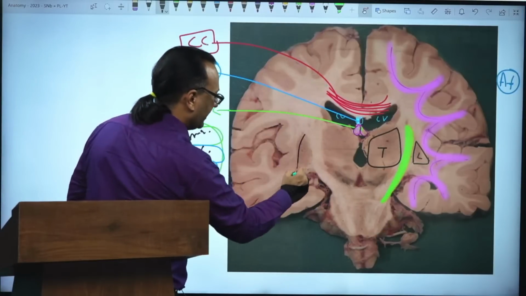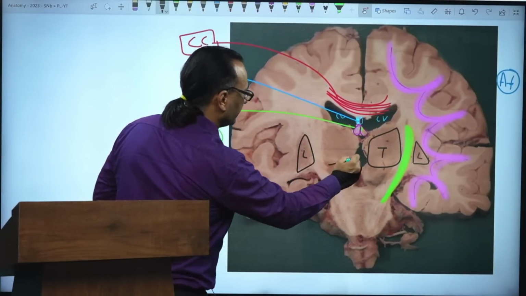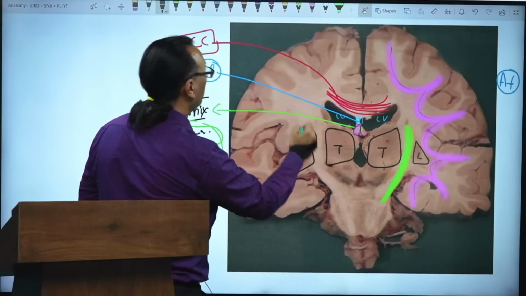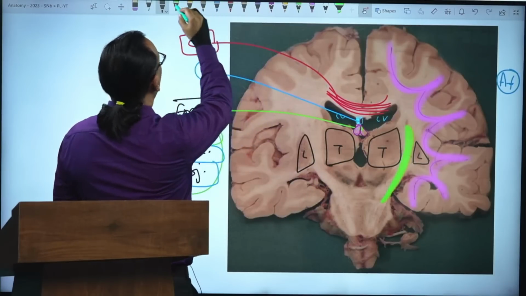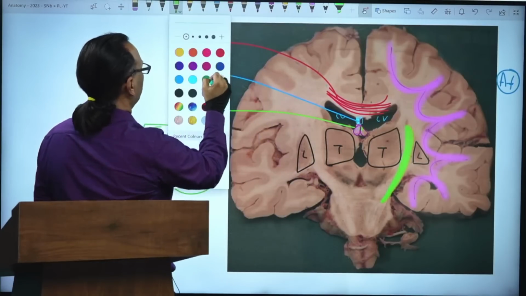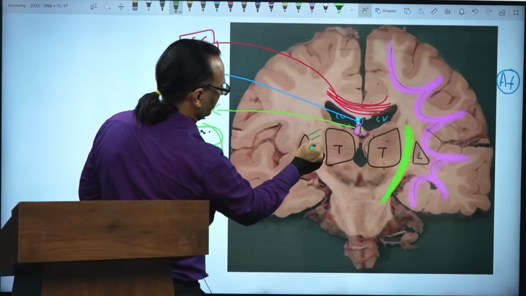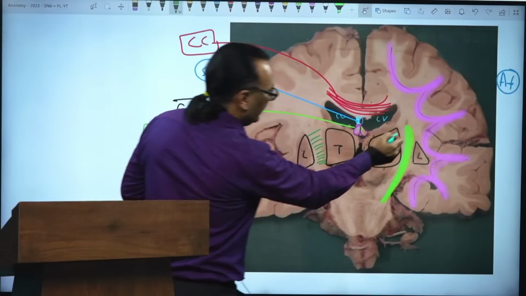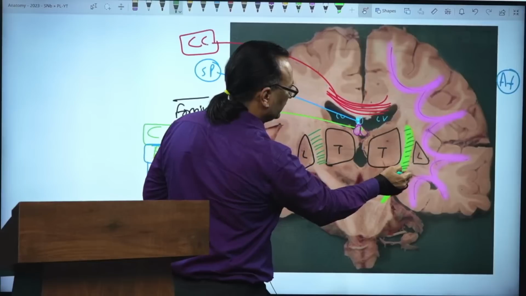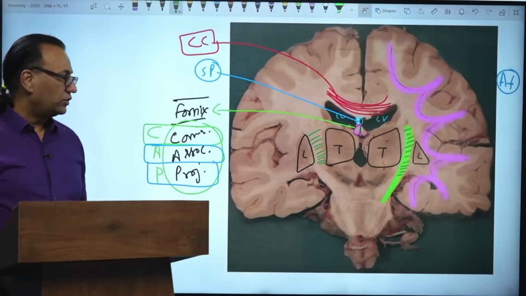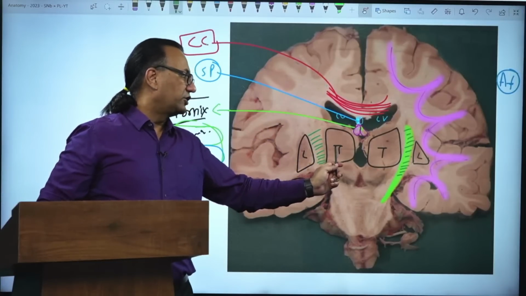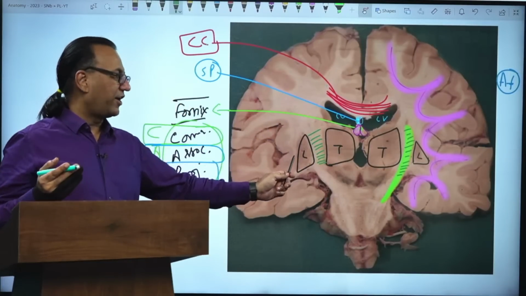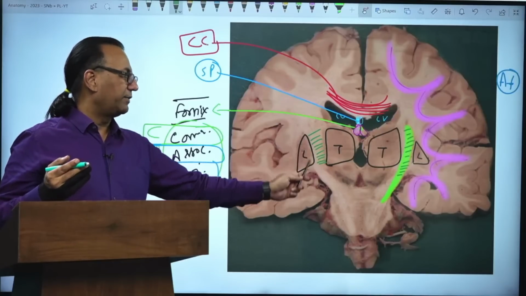What is between the two is the internal capsule. So thalamus medially, lentiform laterally, and this is the internal capsule.